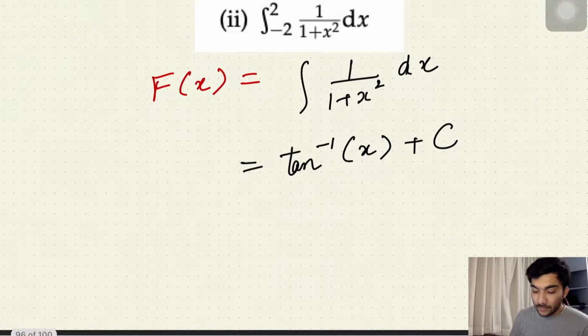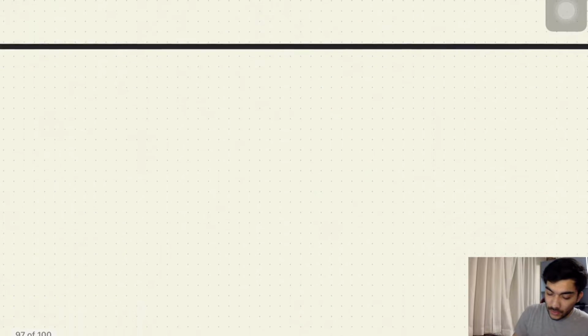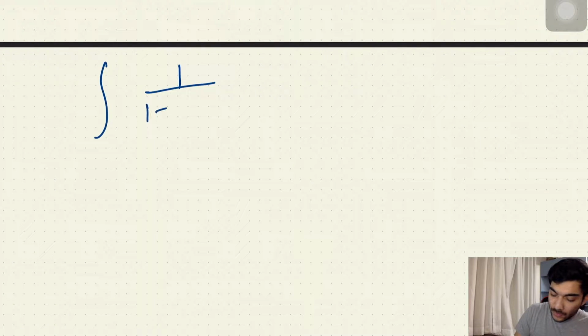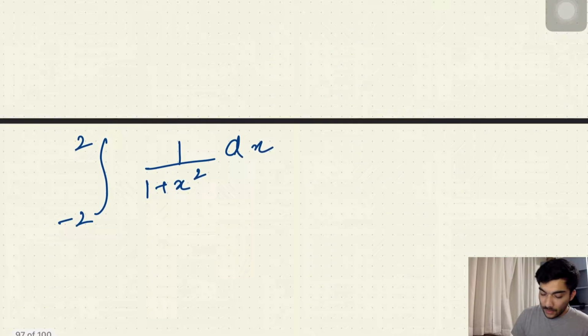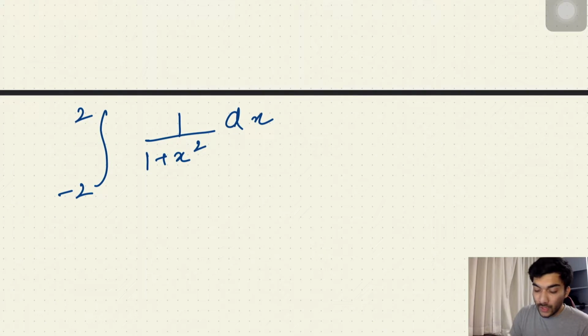So now we have the indefinite integral of that function. Now in order to solve this expression, I'll write the expression again, which is 1 upon 1 plus x square dx, from minus 2 to 2, right? And you can also identify one more thing in this question.